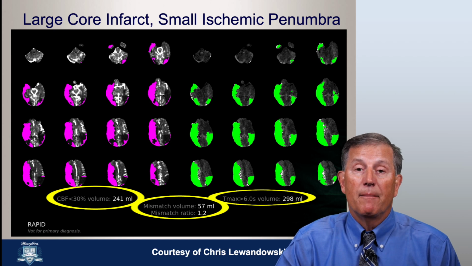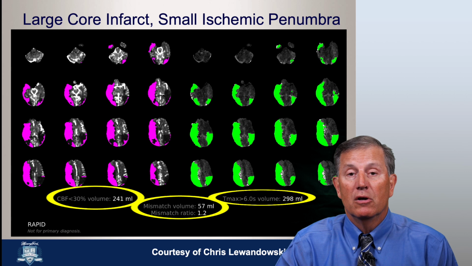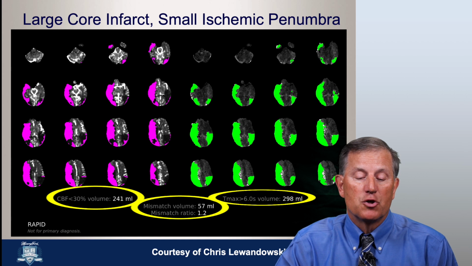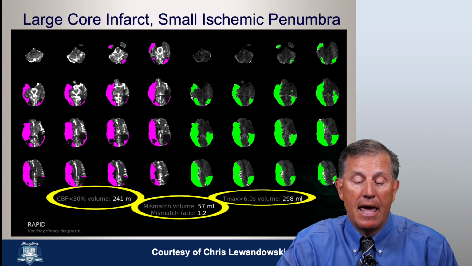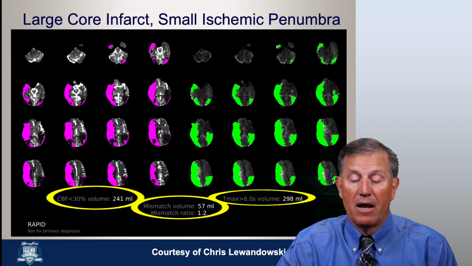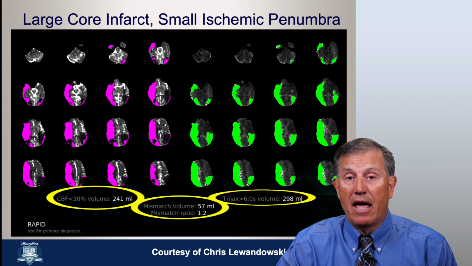The different demonstration of the less beneficial situation is where there is a large core infarct. In this situation, cerebral blood flow less than 30% is 241 mLs, and the mismatch volume or the volume of ischemic penumbra is only 57 mLs.